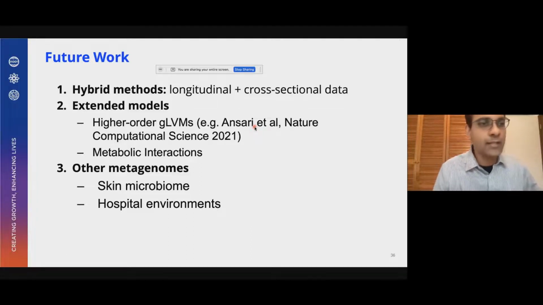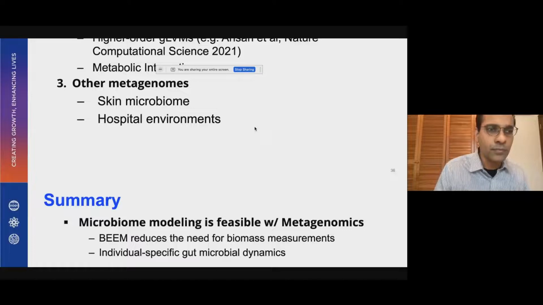We think it'll be very exciting to use these models to predict something that's useful, as a probiotic to improve skin health, or maybe as a competitor for pathogens in hospital environments, so that we can outcompete them and basically eliminate them from the environment. A direct one-on-one competition may not be sufficient, but together with the whole community, it might be a powerful effect in terms of outcompeting a pathogen.